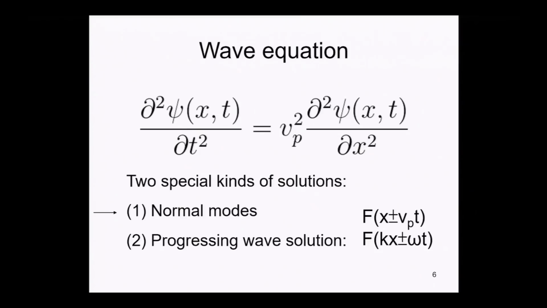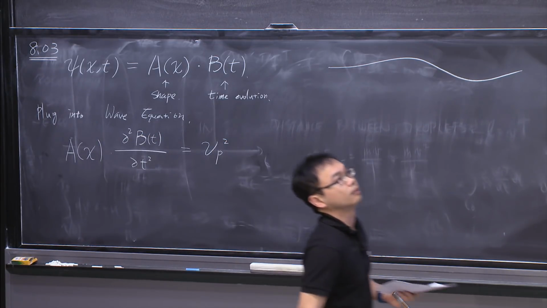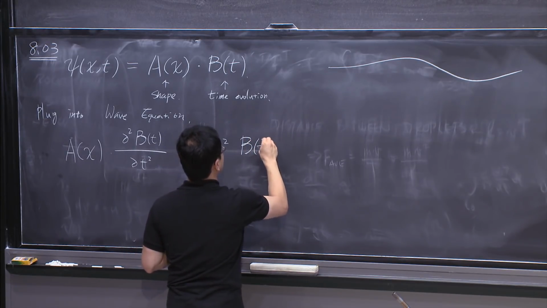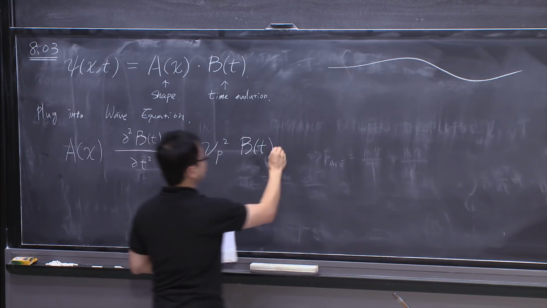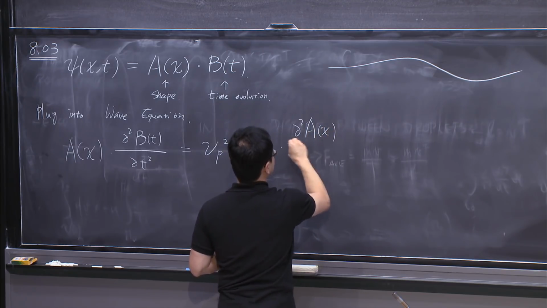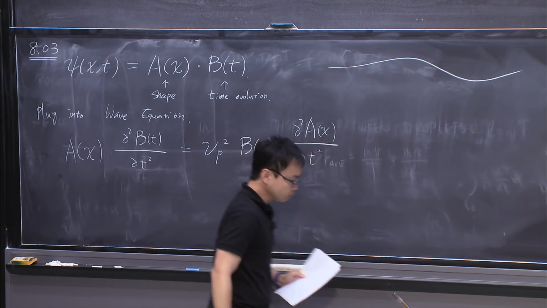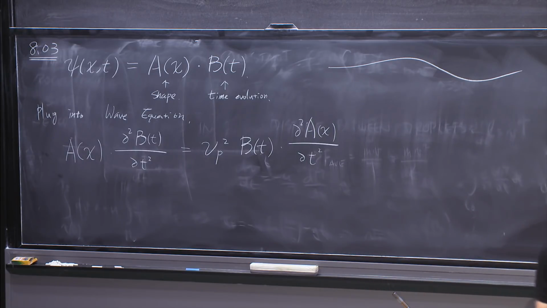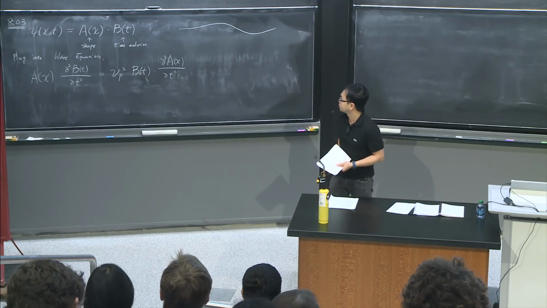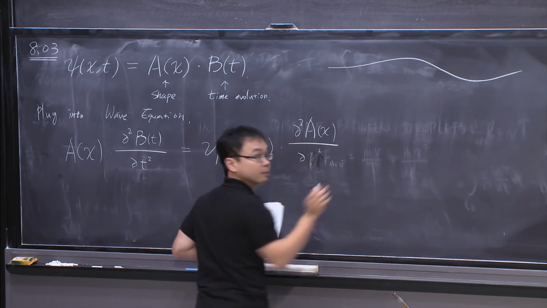The right-hand side is equal to v_p squared times a partial derivative with respect to x, so we have B(t) only times the second derivative of A(x) with respect to x squared. Sorry, it should be partial x. Thank you very much.